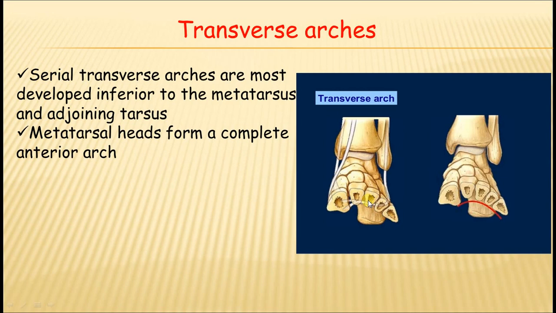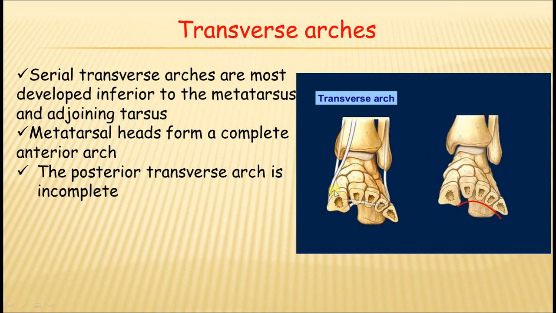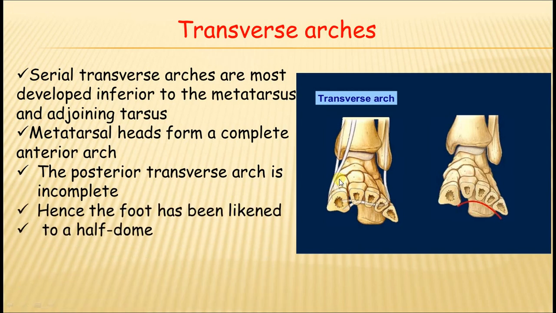Okay. So metatarsal heads rest on the ground, whereas the posterior arch which is formed by the tarsal bones is actually incomplete. So that is why you have a half dome. It's not complete. You put both feet together, then you get a complete arch. Each foot has got only a half dome or part of the transverse arch.